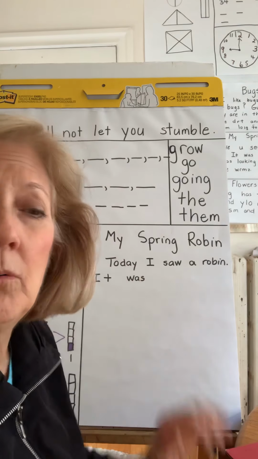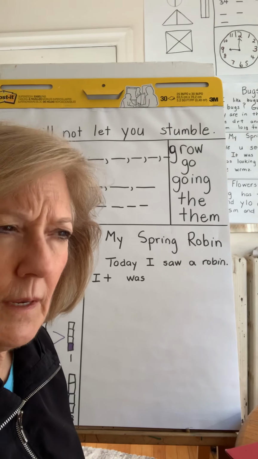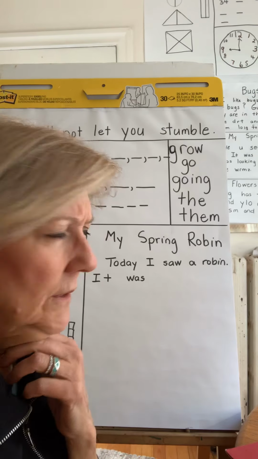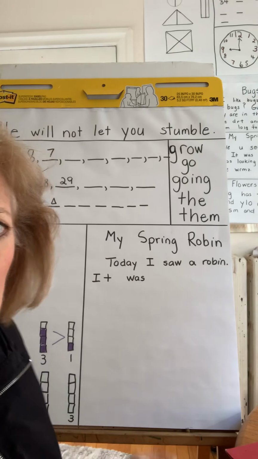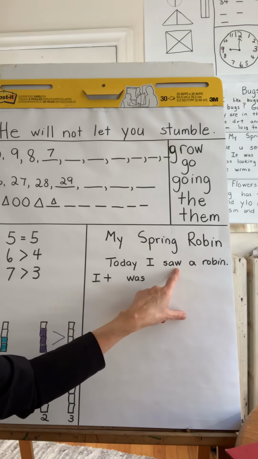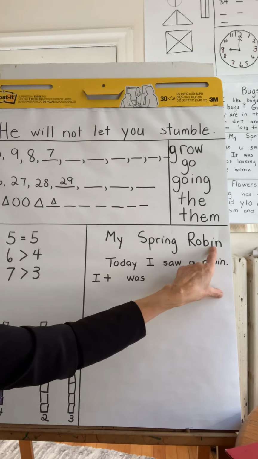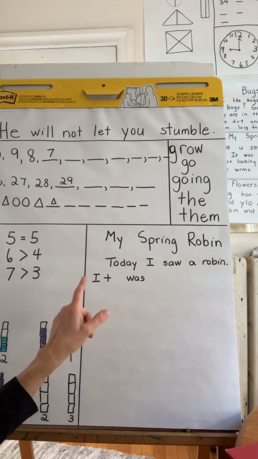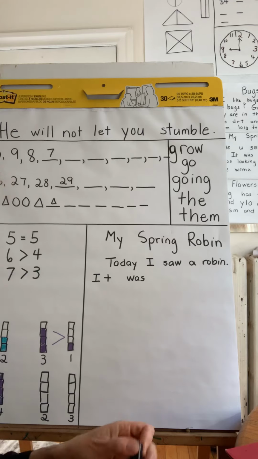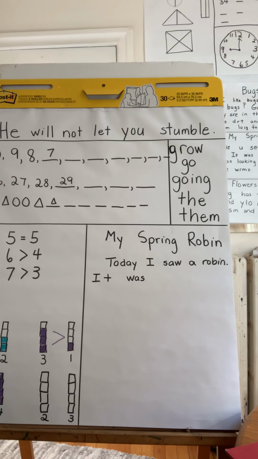So let's write about what we can think about that robin. We just talked about it a little bit. My spring robin, I've already started. Today I saw a robin, and you can spell robin and spring. It was, now I have to finish. I want to tell you when it was.